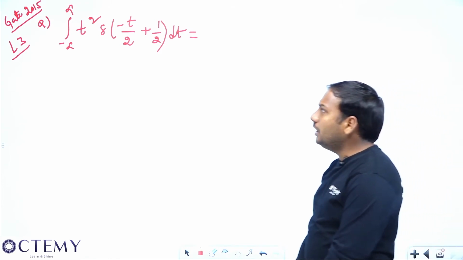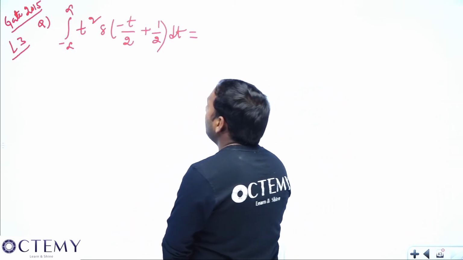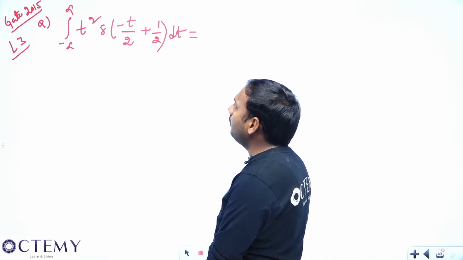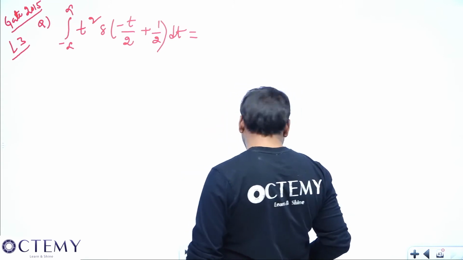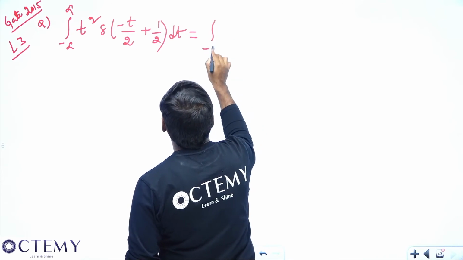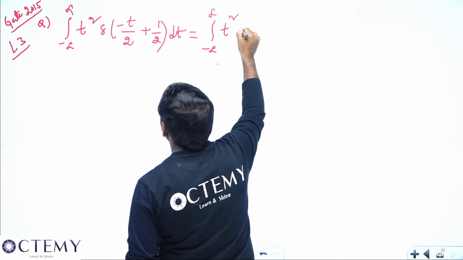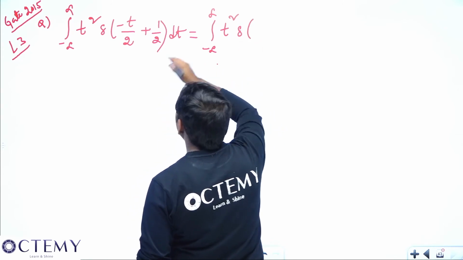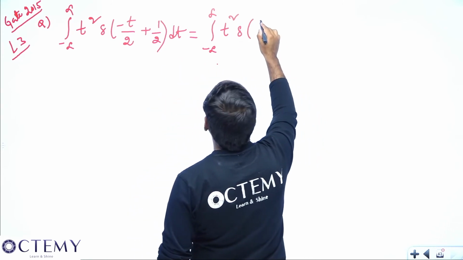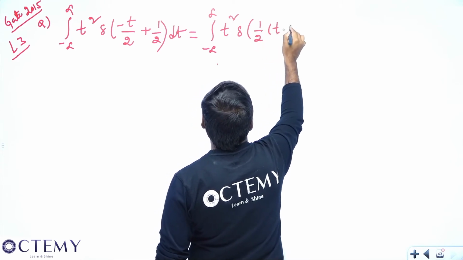Okay, so see here, now one thing I try to do, I will try to make minus common. Why? Because it is even function. I am very clear. I can take it as minus infinite to plus infinite t square del of, you can take minus common, so you can write it as half into t minus 1.